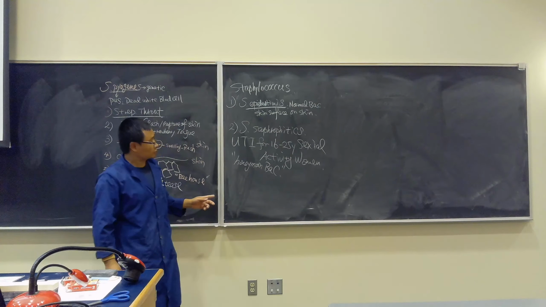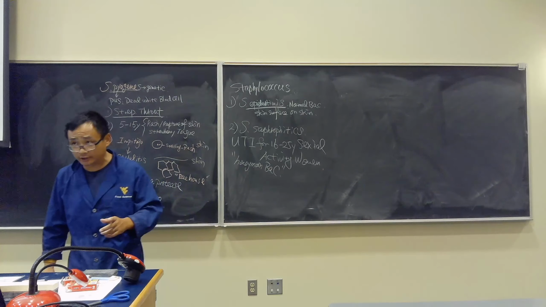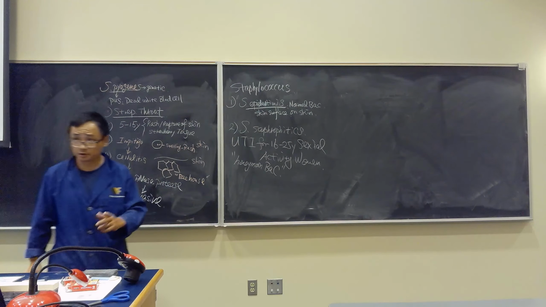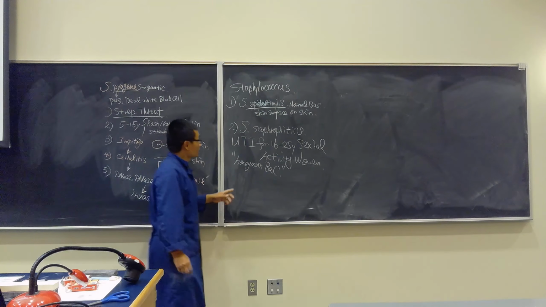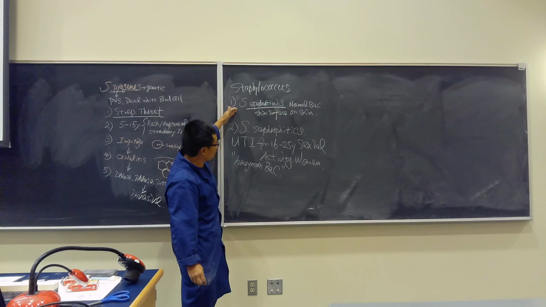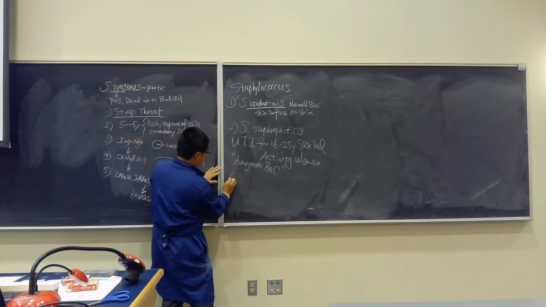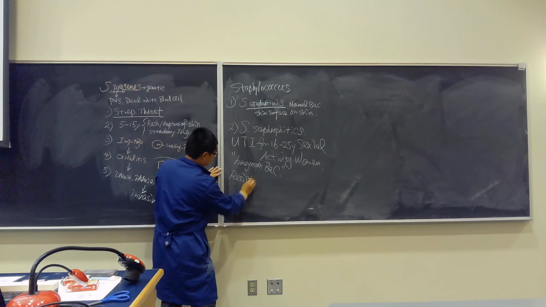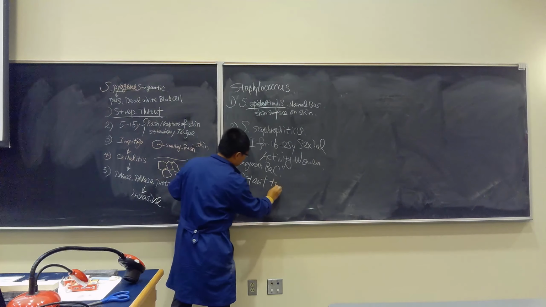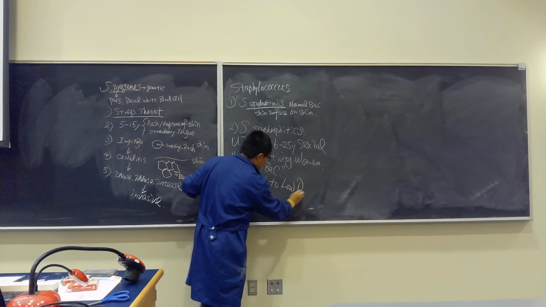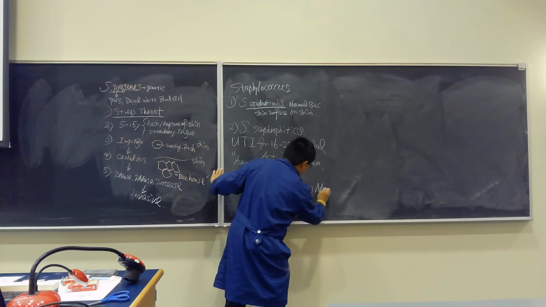Now, why can the doctor identify the honeymoon bacteria very quickly? The reason is, different from Staphylococcus epidermidis and Staphylococcus aureus, this saprophyticus is resistant to low-dose novobiocin.